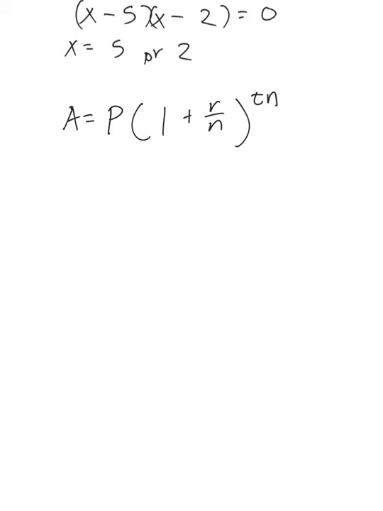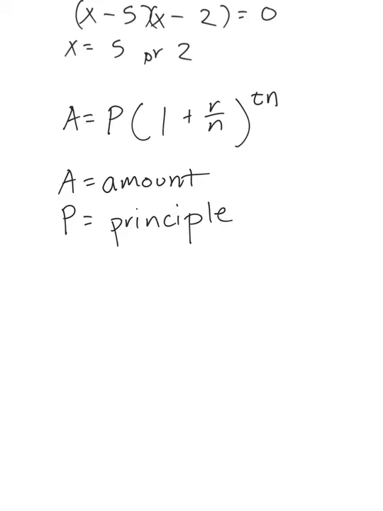A is going to be the amount that you have. P is going to be your principal. R is your rate. N is the number of times per year.